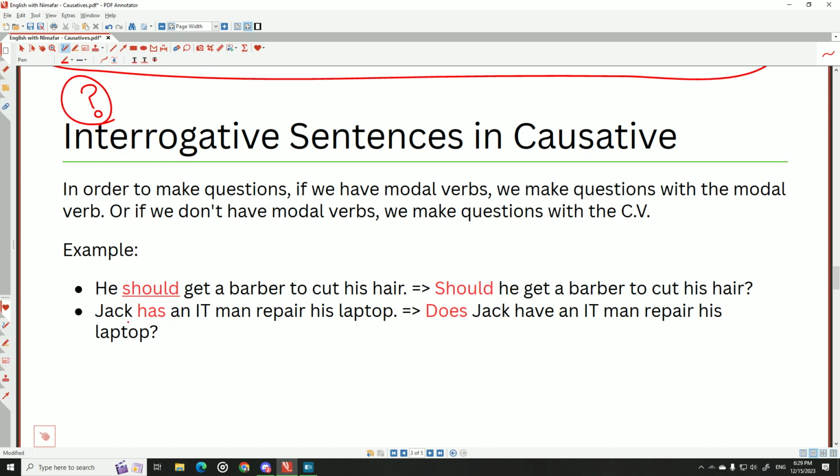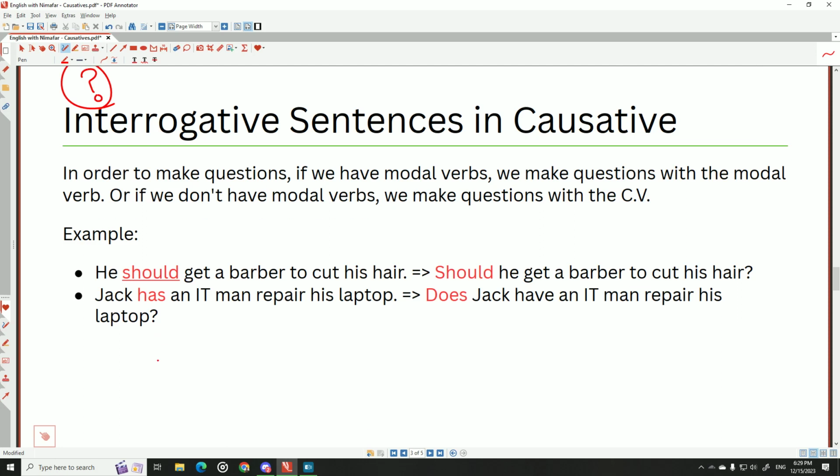For example, Jack has an IT man repair his laptop. Does Jack have an IT man repair his laptop? I have a question. For example, I want to use his laptop, but I know it was broken, so I want to make sure whether or not it's fixed. So, does Jack have an IT man repair his laptop?